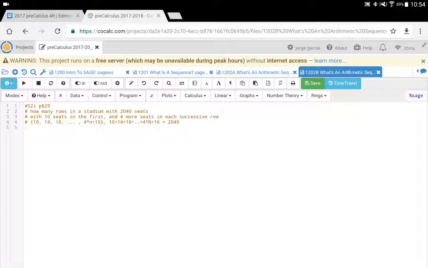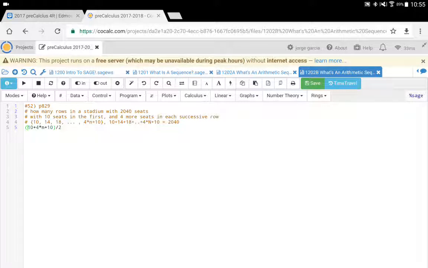So how do we solve an equation like that? Remember how you add up a sequence: it's the average of the first and the last terms. So take the quantity 10 plus 4 times n plus 10, that quantity divided by 2, times how many terms you have.